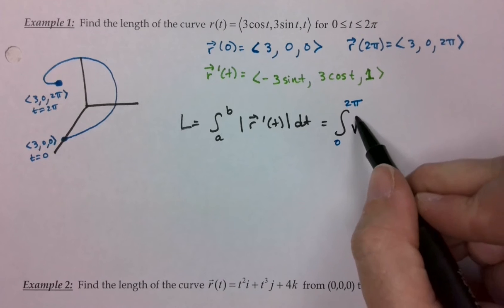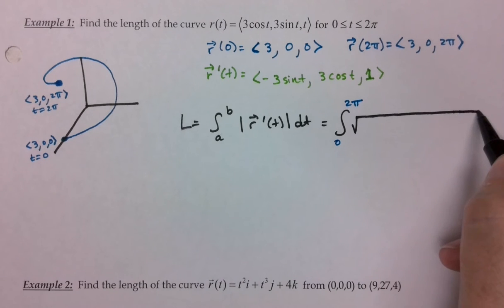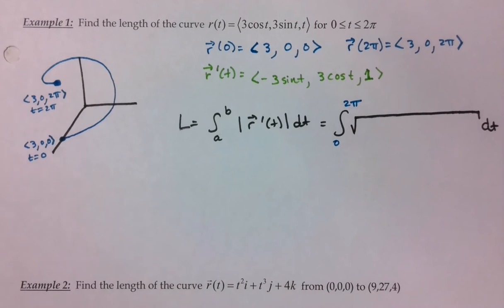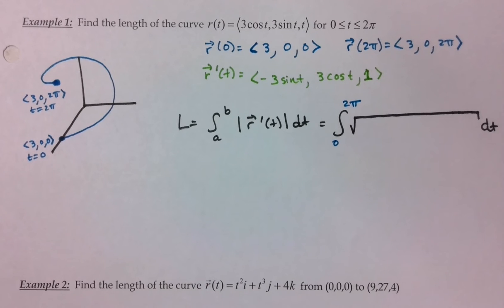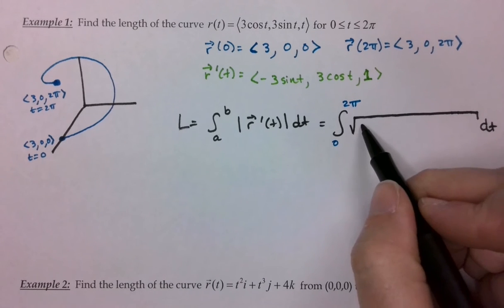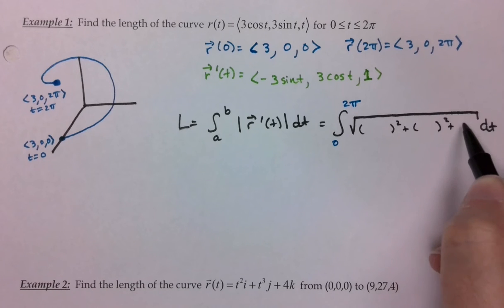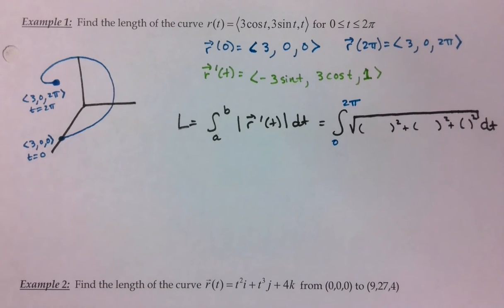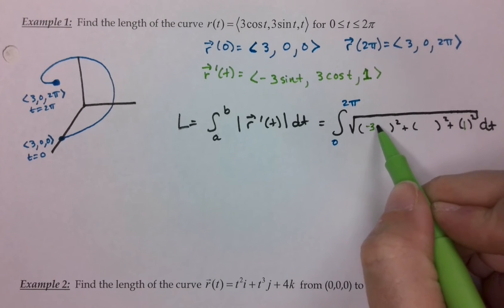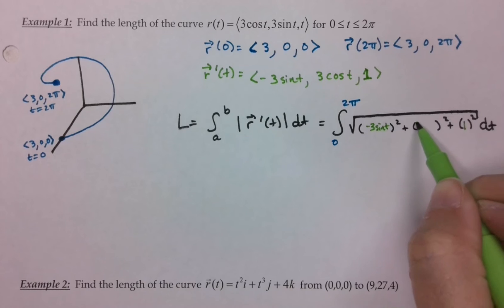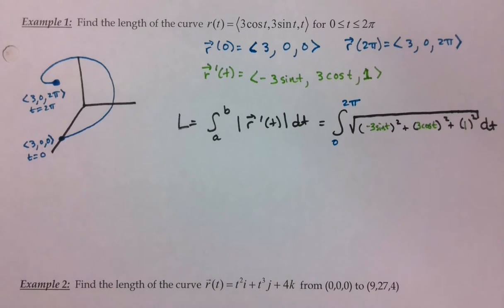So we'll take the square root of, and have to have a dt at the end here, and then we will take those values from our derivative and square them. Luckily, that last one's a number, so I knew that. So it'll be negative 3 sine of t, 3 cosine of t, and 1.